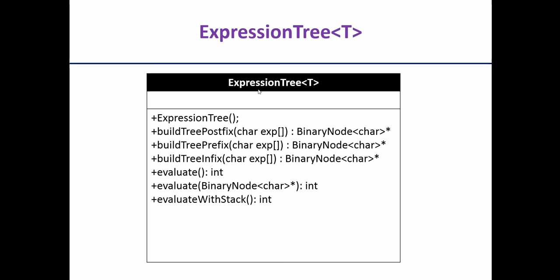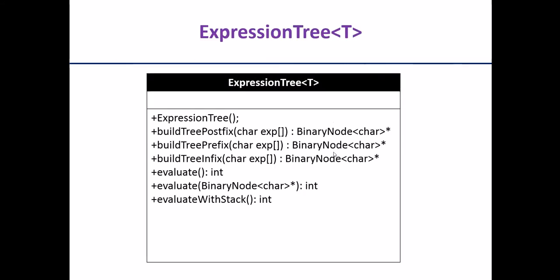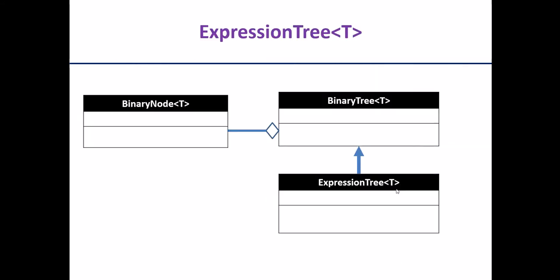So we can have this kind of expression tree, and we can make it a subtree of a general binary tree, and all the facilities or functions we have developed in the binary tree we can use in the expression tree. Then I have reduced the form.